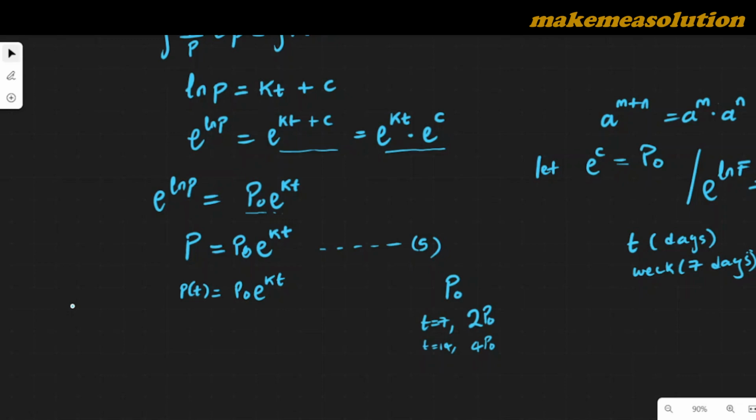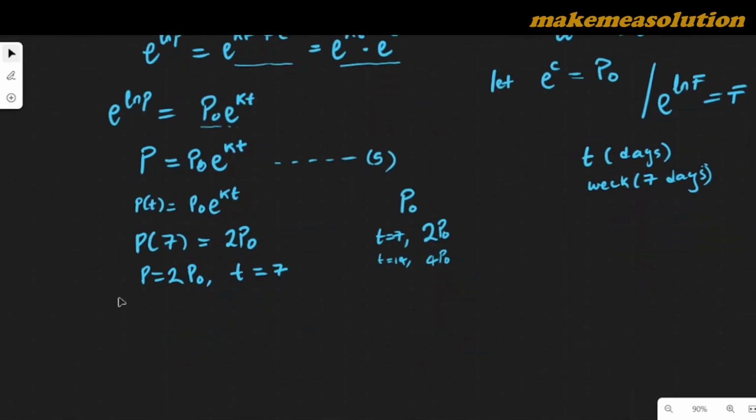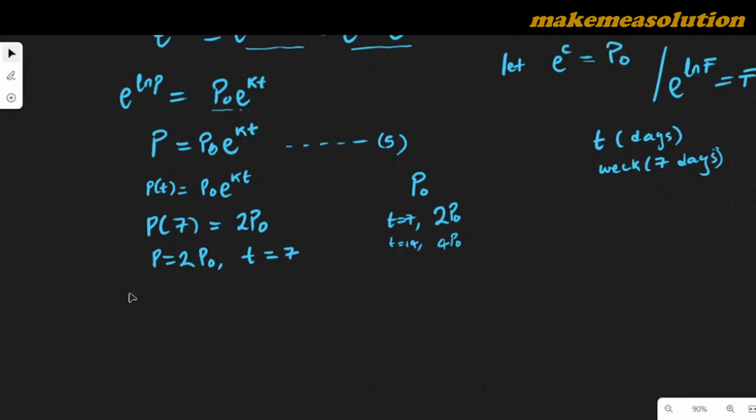So they are giving to us that P of 7 should be 2 P naughts. Is that okay? So P is equal to 2 P naughts when t is equal to 7. And the reason I'm using 7 is because they said after each week, the population doubles from the initial value.